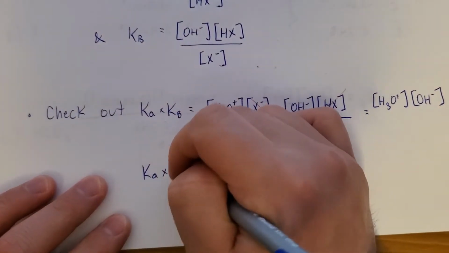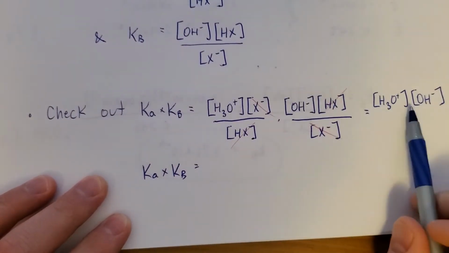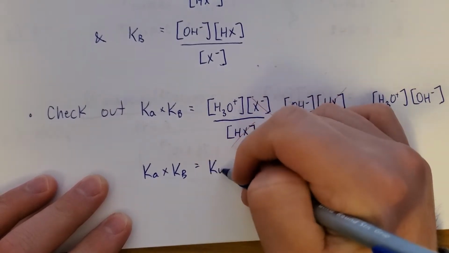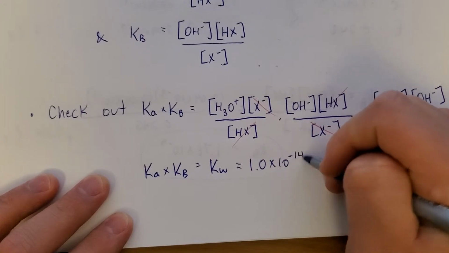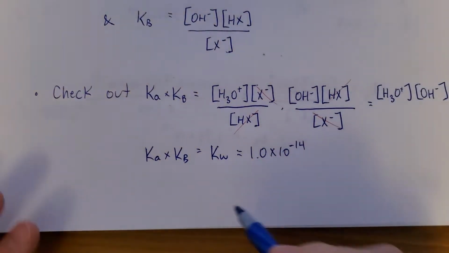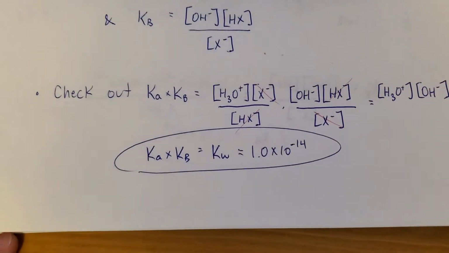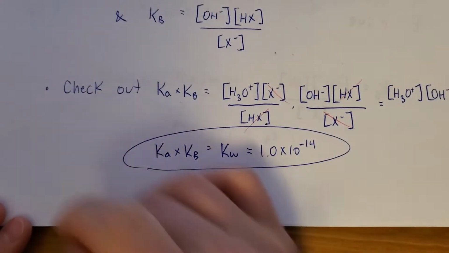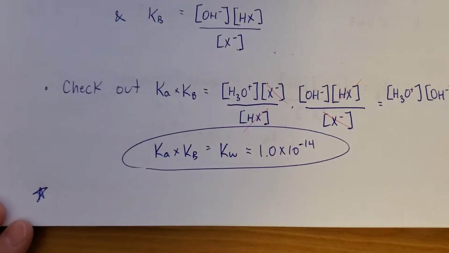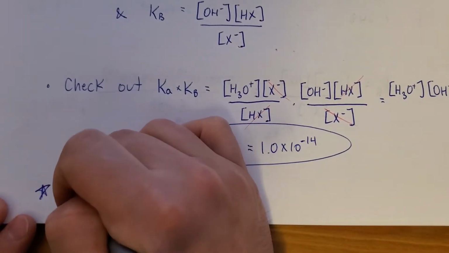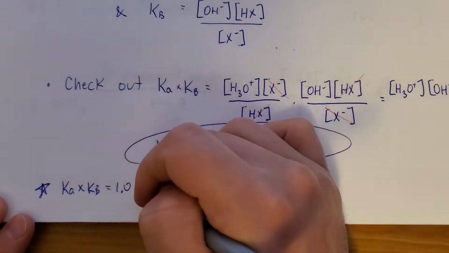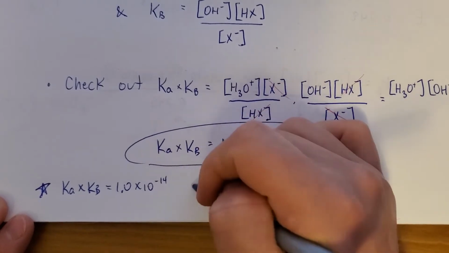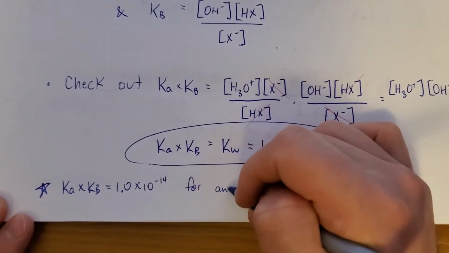Ka times Kb, this product was Kw, which is just a number, 1 times 10 to the negative 14. This is important. This is how we're going to be able to find Kb. The key point here is that Ka times Kb equals this number, Kw, for any conjugate pair.